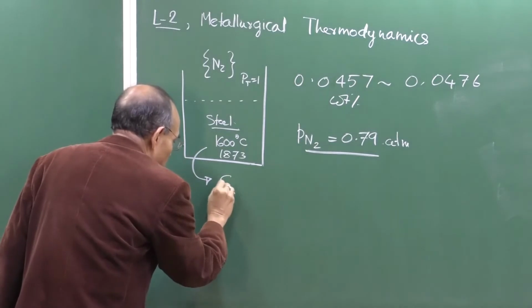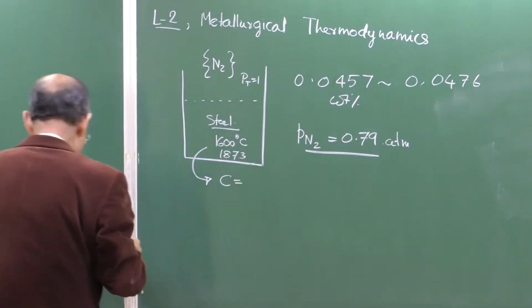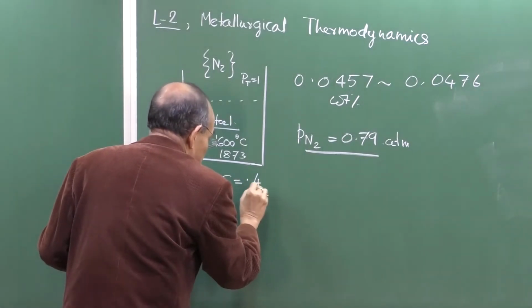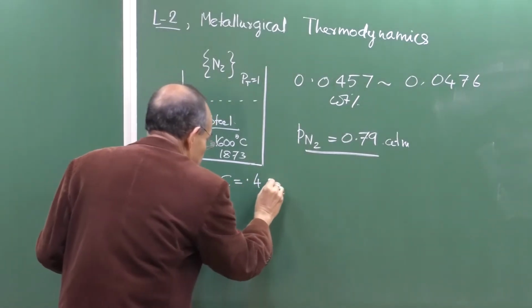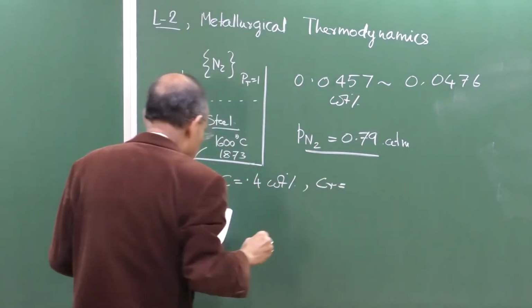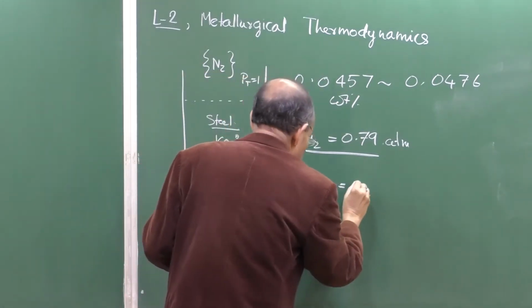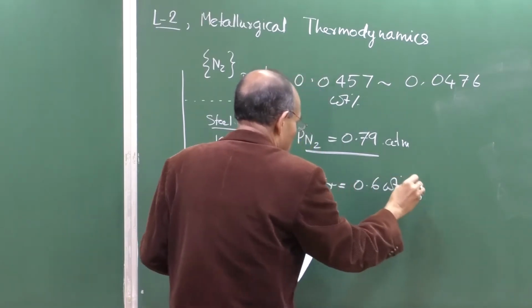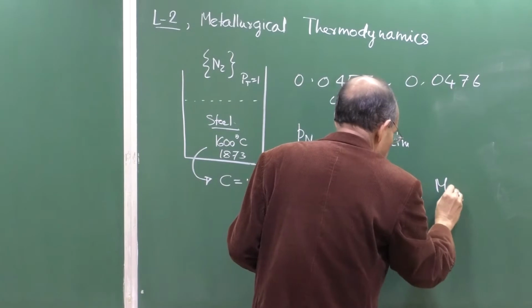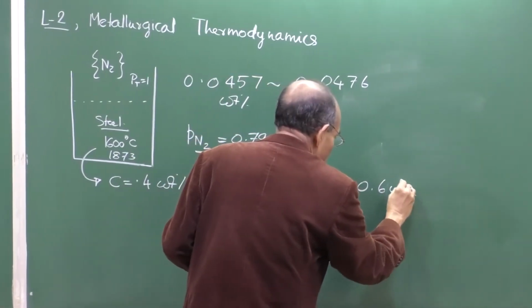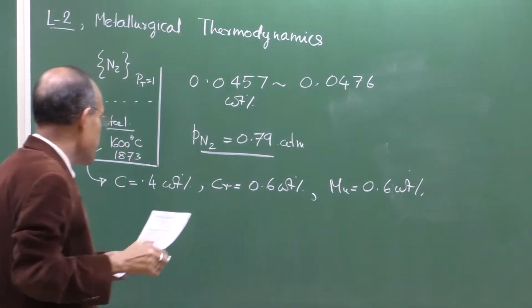It contains carbon equal to say 0.4%, and these are all weight percentages, even though I may not be explicitly saying so. Chromium is about 0.6 weight percentage and manganese is about 0.6 weight percentage. This is the alloy steel composition.